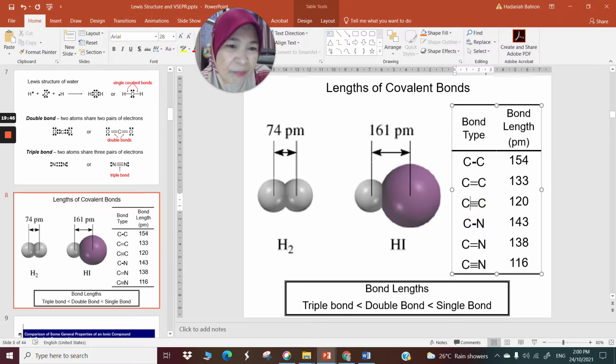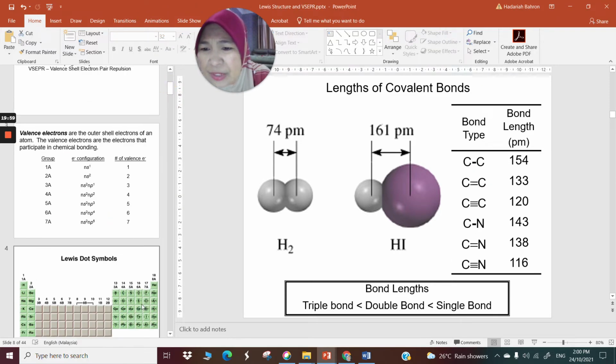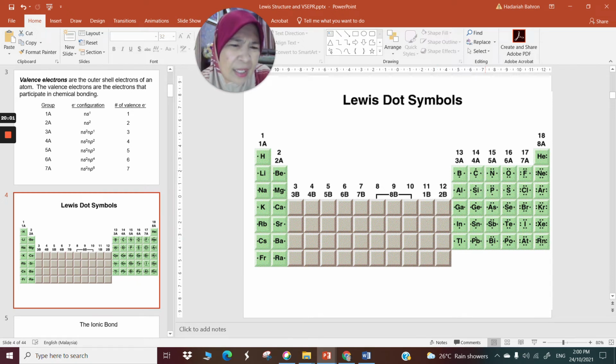Now, let's have a look at carbon to nitrogen. If you look at the position of carbon and nitrogen in the periodic table, carbon is in group 4, whereas nitrogen is in group 5.